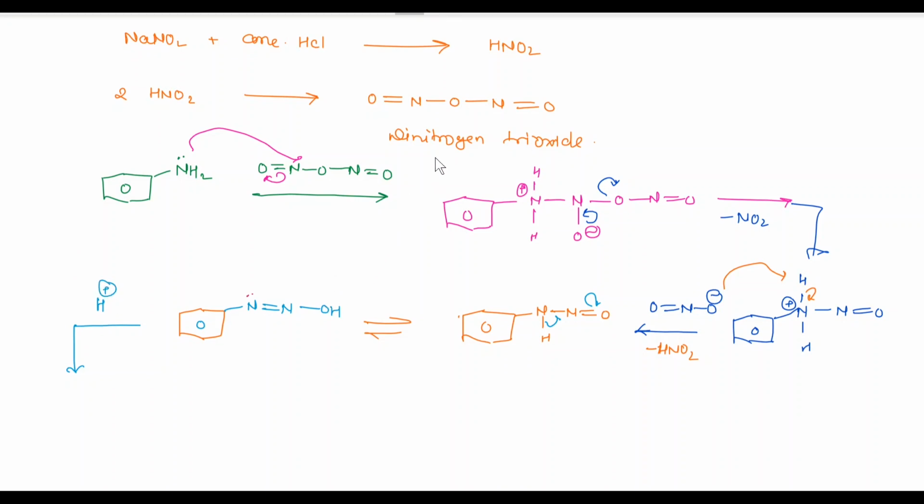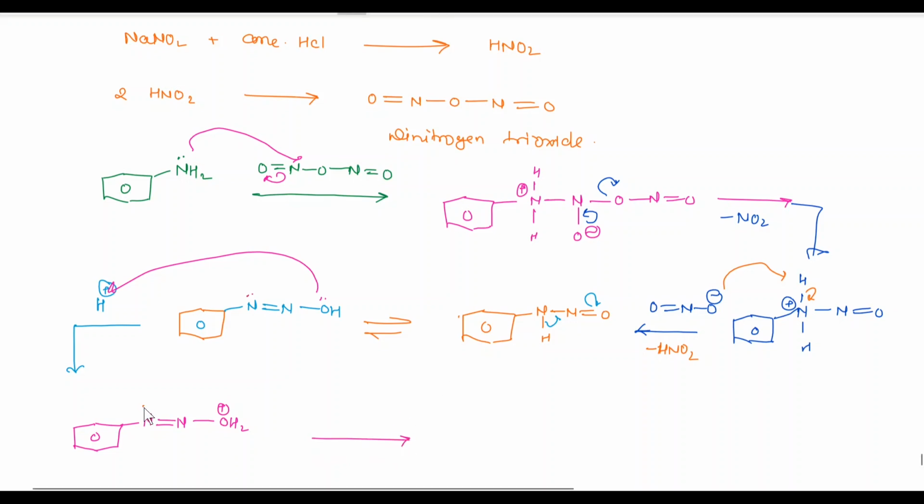In the next step, protonation takes place. The lone pair of oxygen abstracts this proton and we get the benzene ring, nitrogen double bond nitrogen bond OH2, oxygen positive.